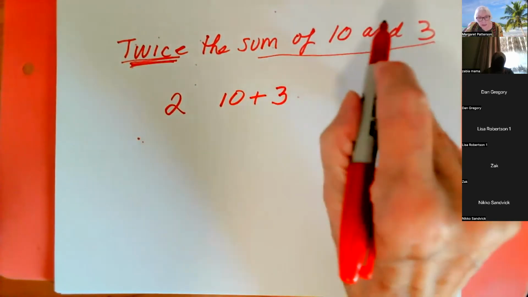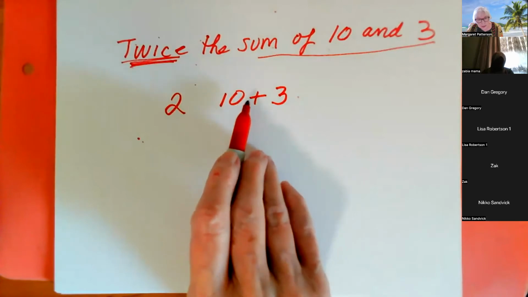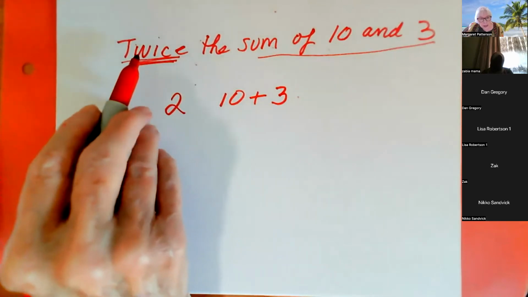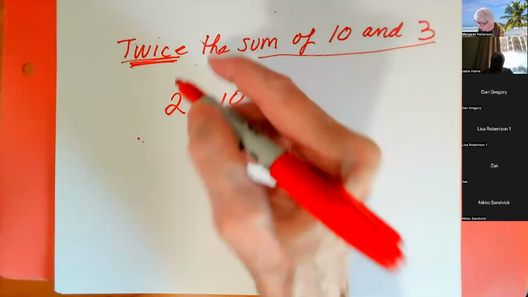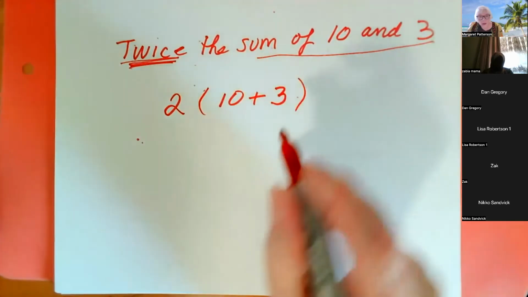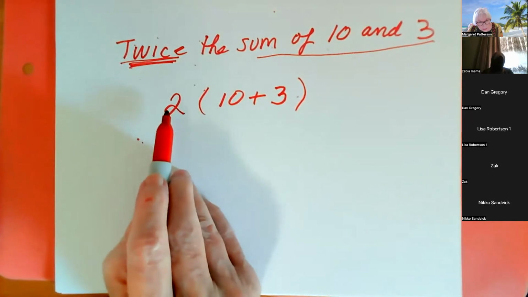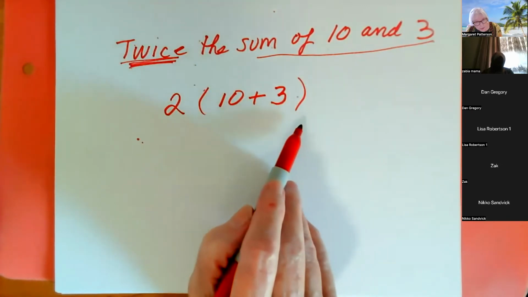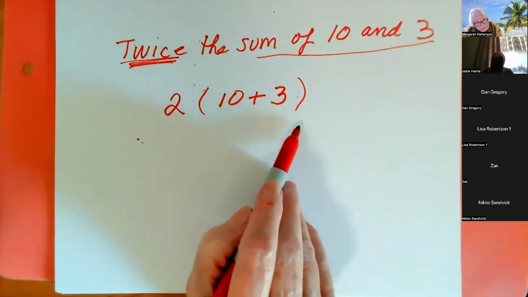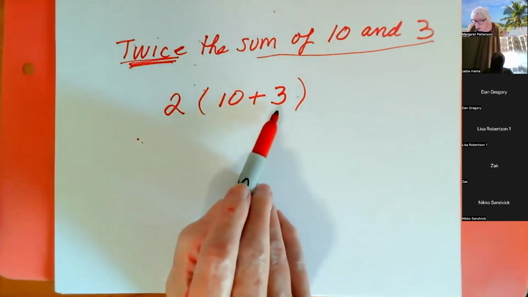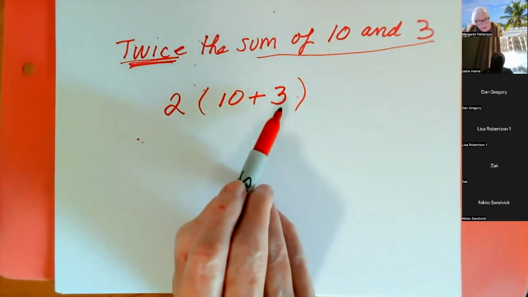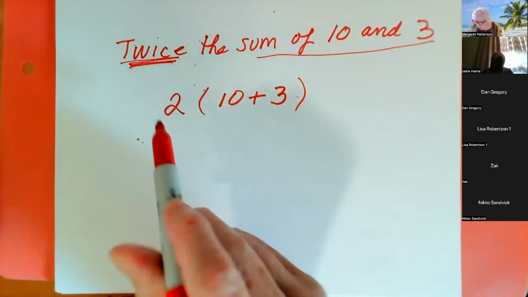The sum is adding 10 plus 3. But how do we make this look right? We want it to be twice this. And so the only way that can work is putting the twice, the 2 times, at the very beginning with the parentheses. Okay? They didn't want you to solve this. They wanted you to translate it into the correct expression. So this is the answer they wanted.